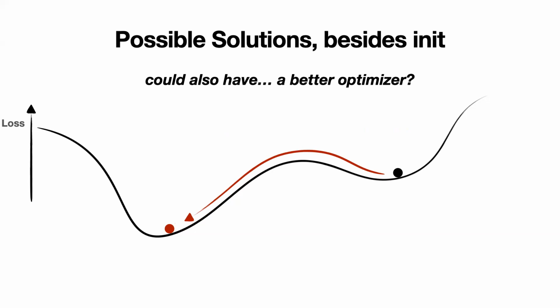And so it's easy to just get stuck going downhill, and you're not thinking about where to go. If you had a little bit of perspective of what's going on in the landscape, you would maybe see, okay, just go above this hill and then you'll nicely find a good or better minimum. And so there's also some discussion to be had of should we have a better optimizer, right?